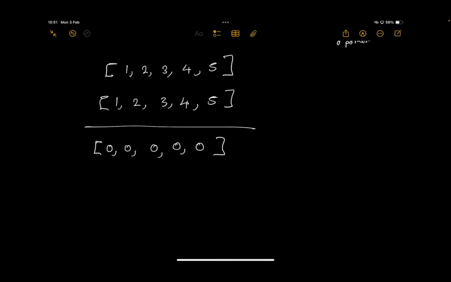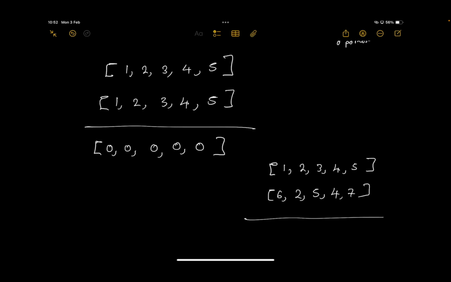Now, if they were not the same, the only way you will get a 0 at the bottom is if the two of them evaluate to the same value at certain points. So let's say this was 6, 2, 5, 4, 6 again, and let me do 7.